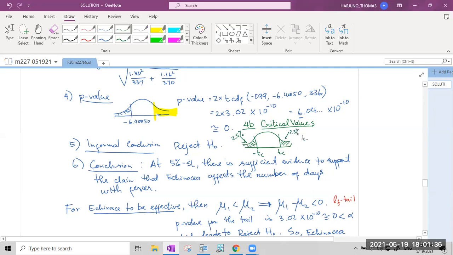So the t critical is inverse t, area to the left 0.975, degree of freedom, use the smaller one, 336.